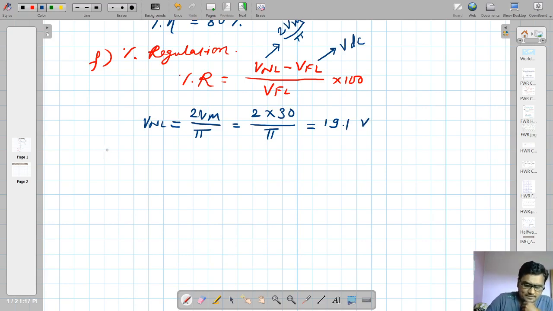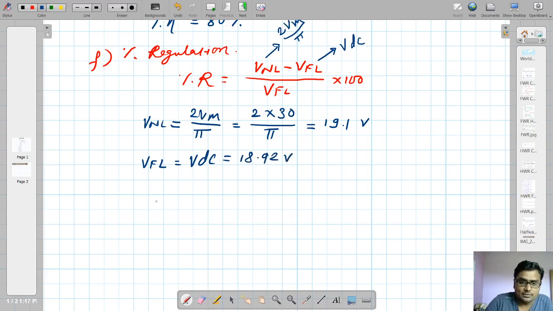Now, what is VFL? VFL means the voltage when there is full load current, whatever load current is available. As the load resistor is connected, load current is flowing through it. So that is my VFL. VFL is nothing but your VDC, and the value of VDC is 18.92 volt.